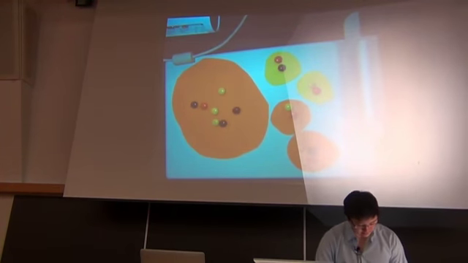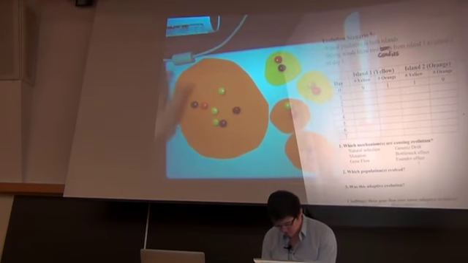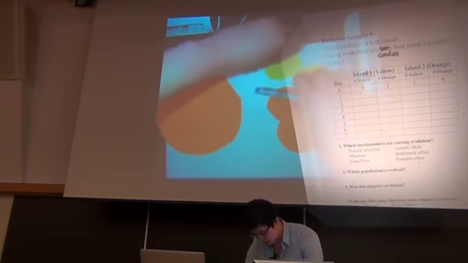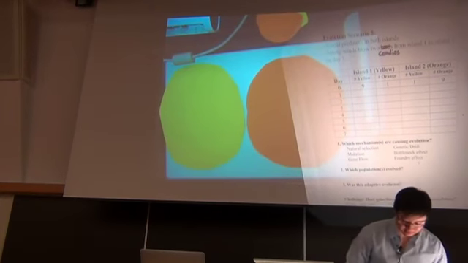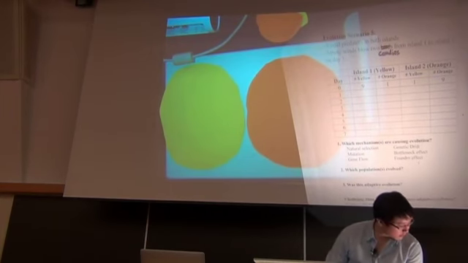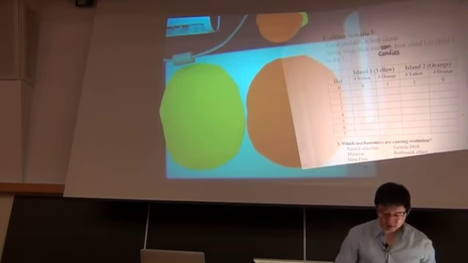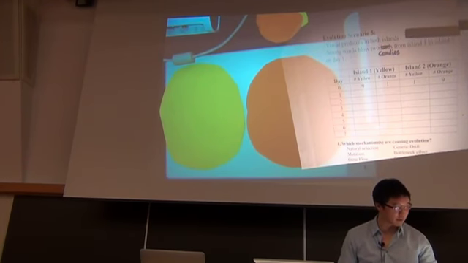Okay, last one. So in this one, we're going to have 2 big islands, yellow and orange, okay? And on these islands, notice that I said that there's visual predators. So natural selection has acted in the past on these populations.